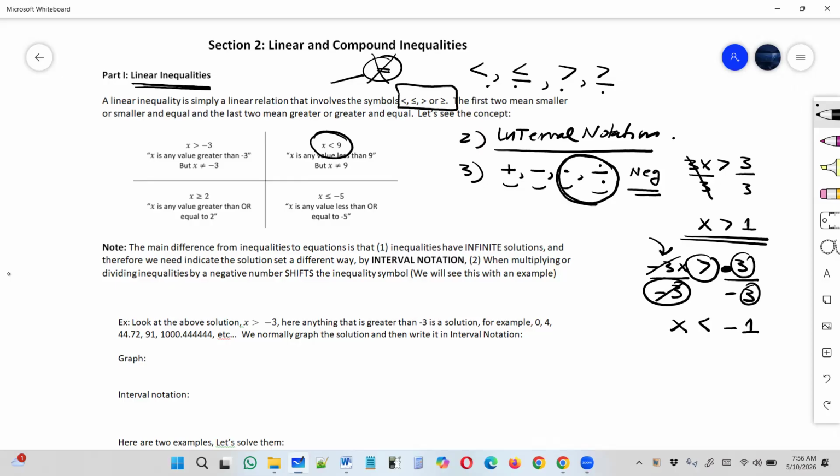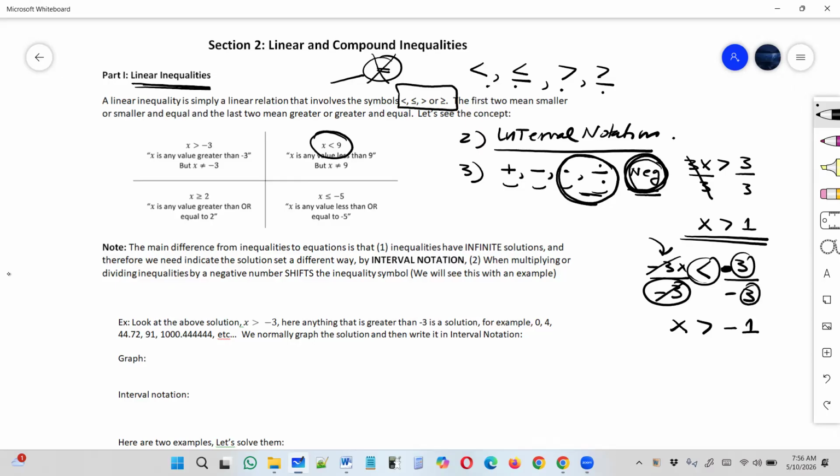So if it was greater than or equal, it becomes less than or equal. If this thing here was, for example, less than, then here it would become greater than. So whatever this thing is, it flips to the other one. So this only happens if you multiply or divide by a negative, right?